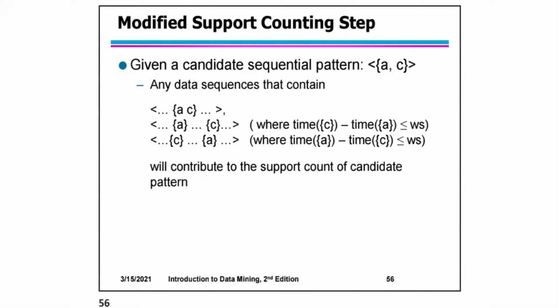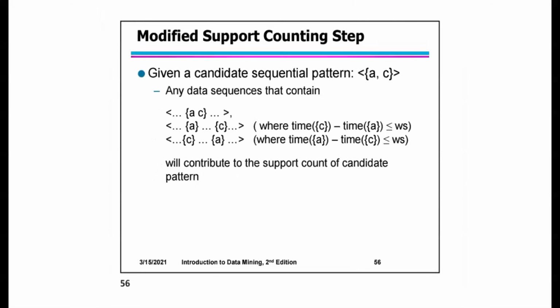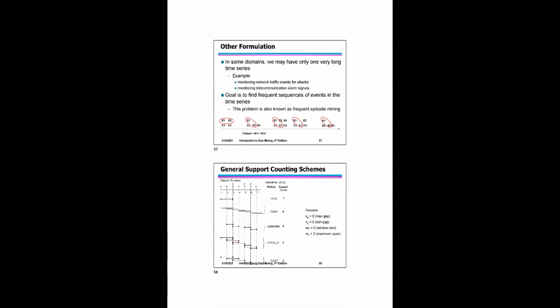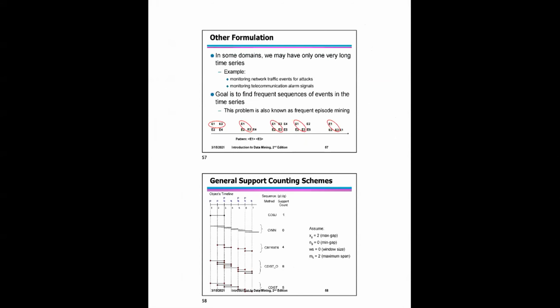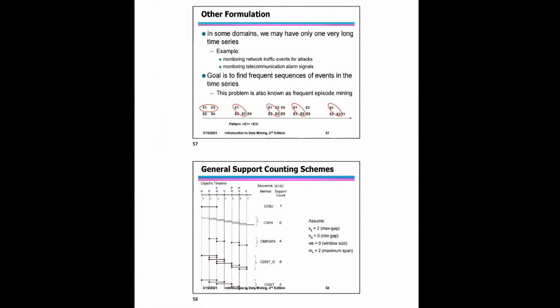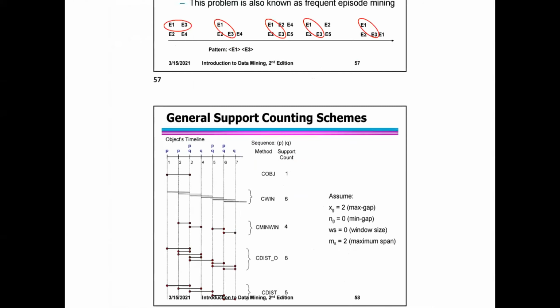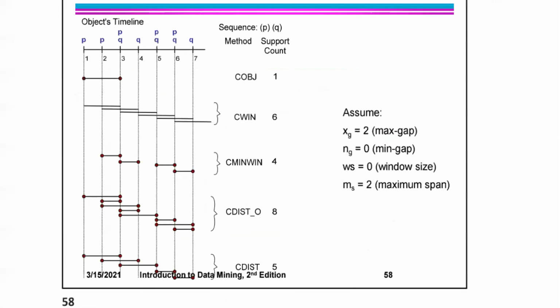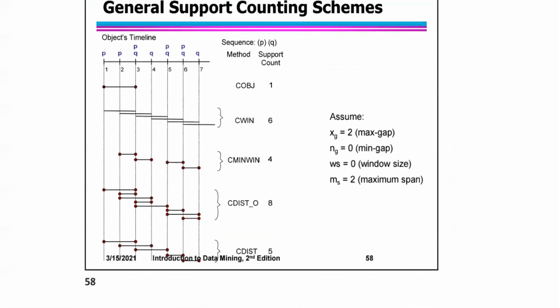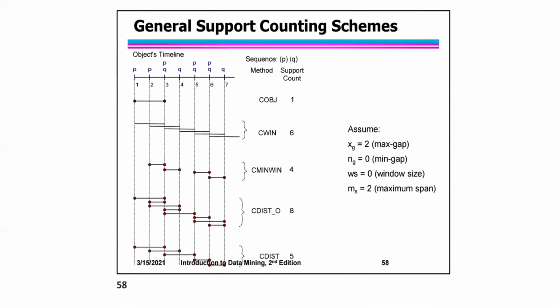Each one is represented in a diagram, which I will show you. This is the support counting schemes diagram: COBJ and the general support counting schemes.